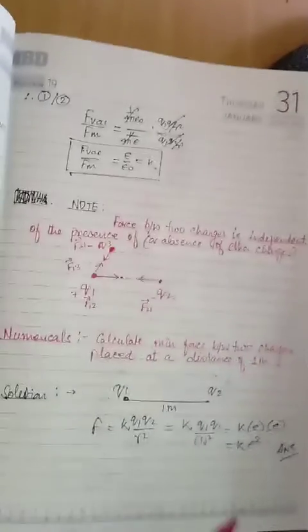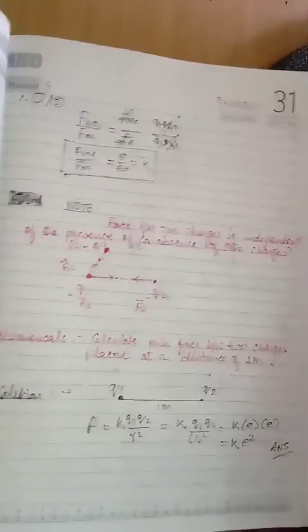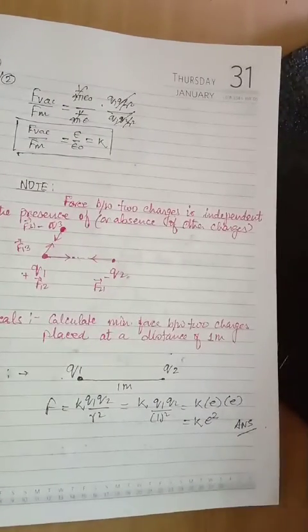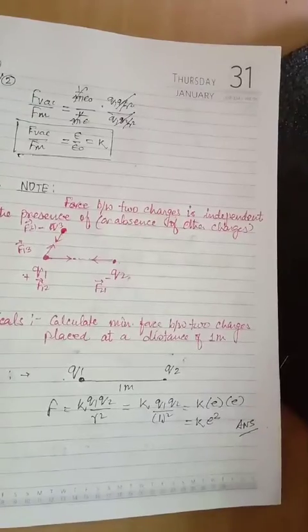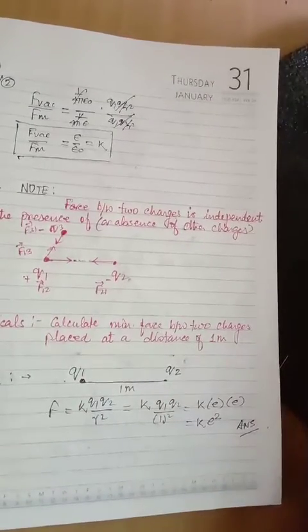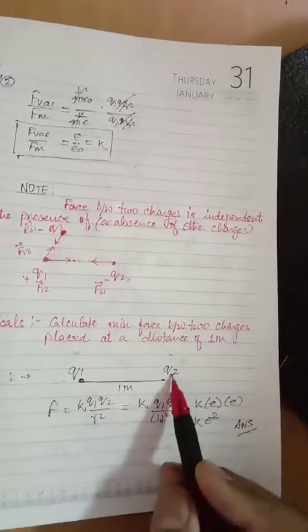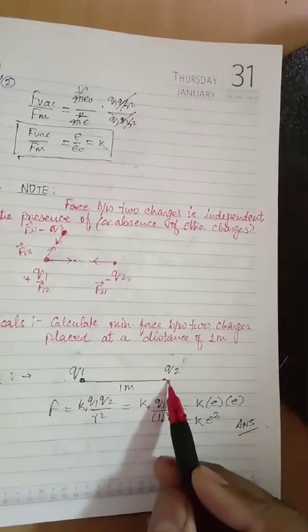A very general question comes in the examination also: calculate the minimum force between two charges placed at a distance of 1 meter apart. So we see that Q1 and Q2 are the charges kept 1 meter apart.